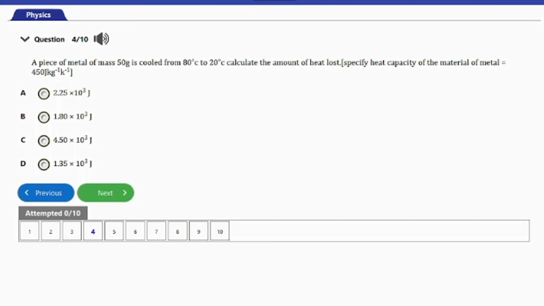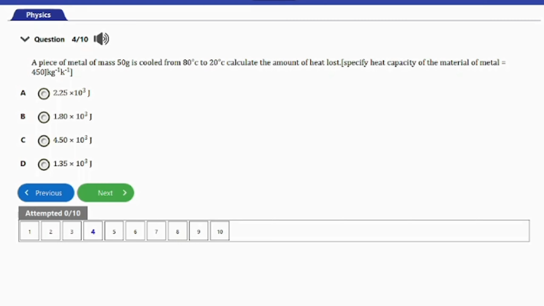It says, a piece of metal of mass 50 grams is cooled from 80 degrees Celsius to 20 degrees Celsius. Calculate the amount of heat lost. So we have the specific heat capacity of the material to be 450 joule per kilogram per Kelvin.